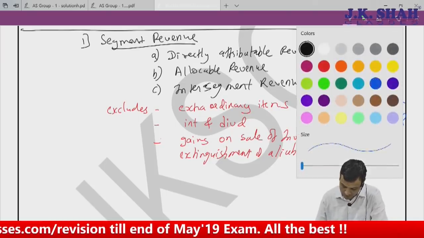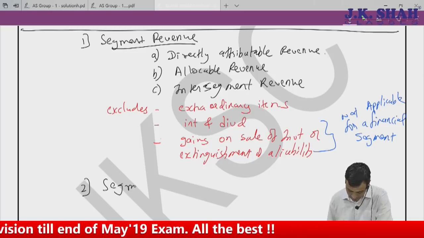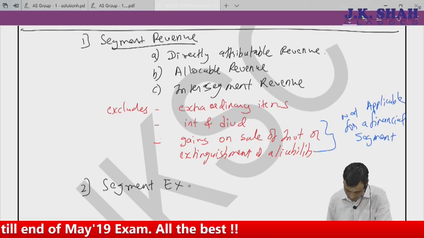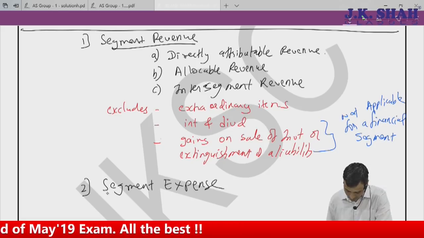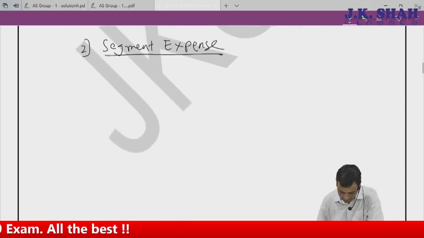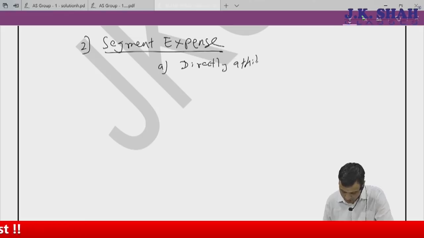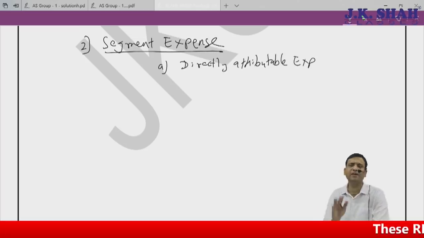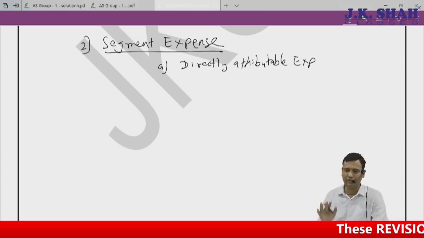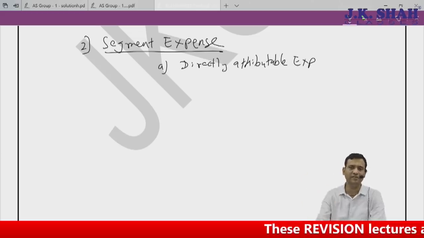Then comes the second area, segment expense. What do you mean by segment expense? Again, same. A, directly attributable expense, meaning an expense incurred exclusively for that segment, like salary to those employees, some benefits, electricity cost.